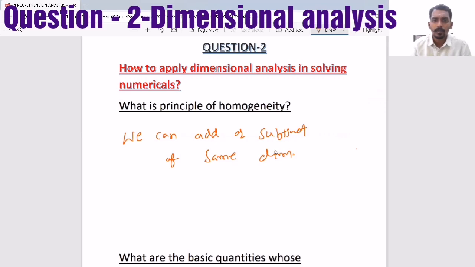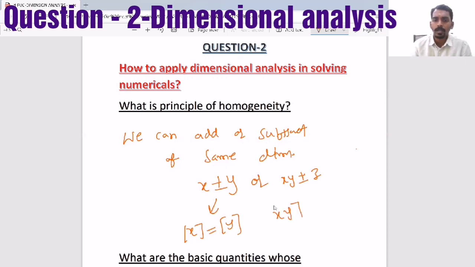That means when you add x plus or minus y, or xy plus or minus z, the dimension of x must be equal to the dimension of y, and the dimension of xy must be equal to z. So the terms which are added or subtracted must have the same dimension. That is the principle of homogeneity.